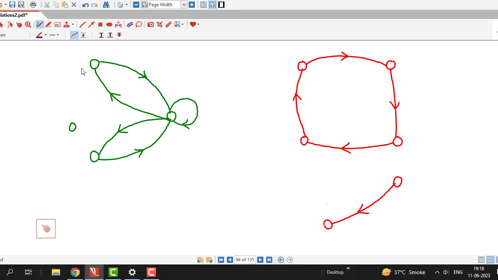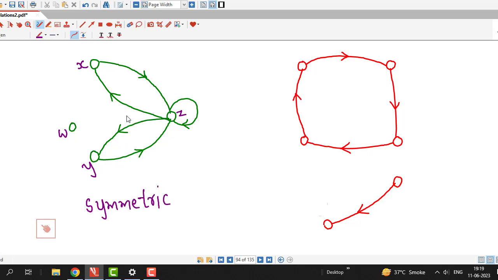You can see, if I consider these nodes representing X, Y, Z and W, that X is related to Z, then Z is also related to X. Y is related to Z, Z is related to Y.